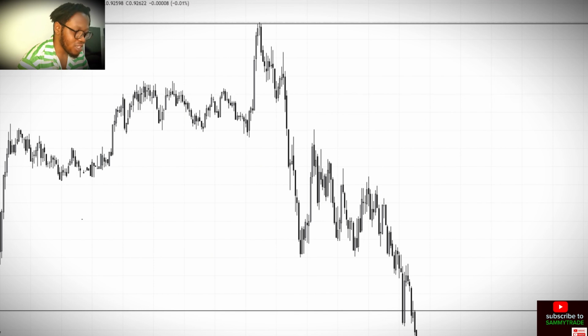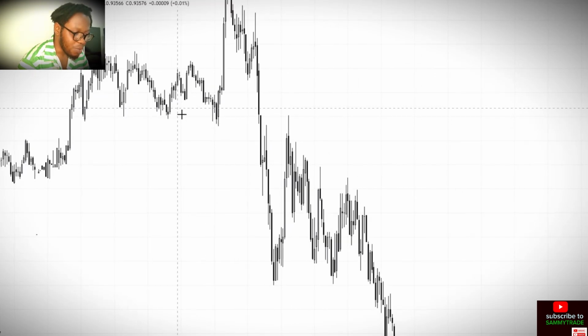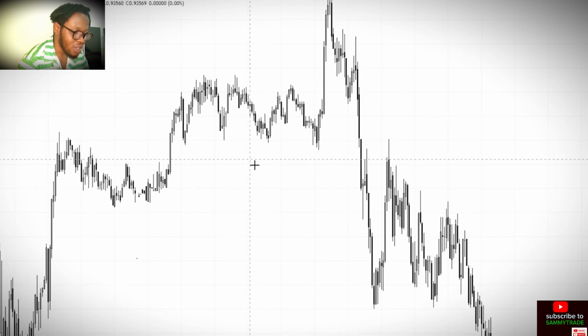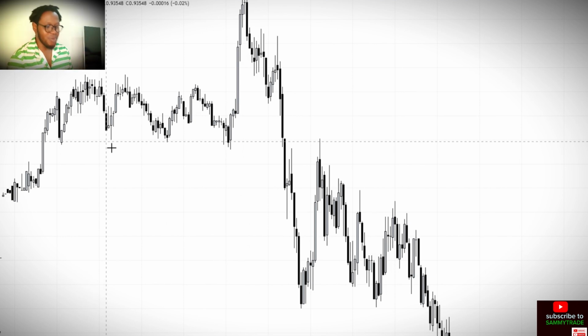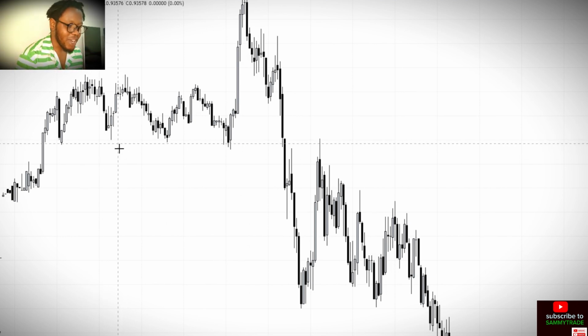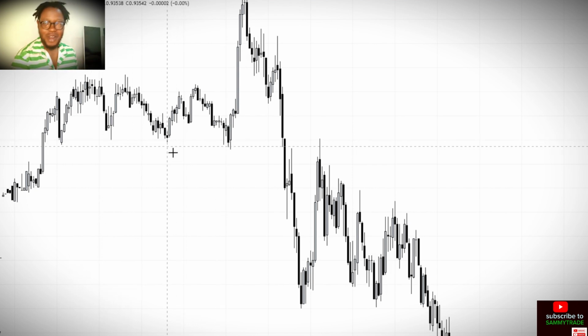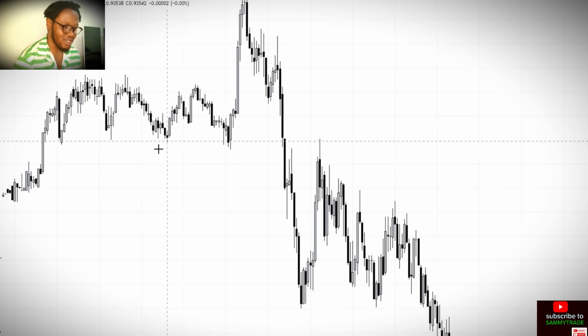As you can see, price did not close below each other. Price was so perfect in retracement, just respecting itself. I was waiting for that change of character, but price did not give it to me.